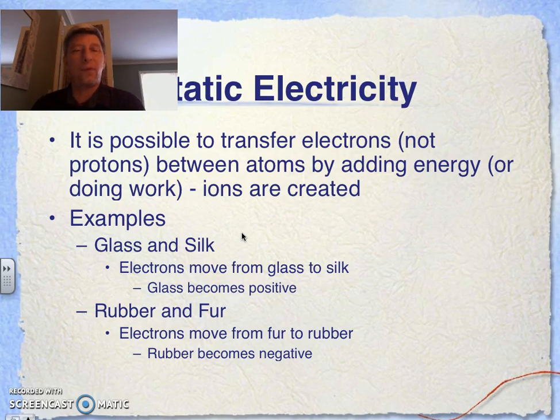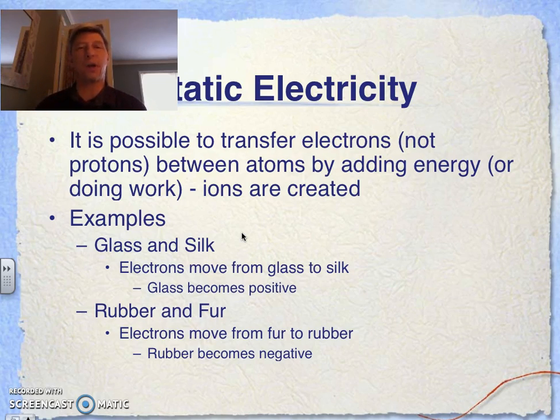But if you do work on an atom, you have the potential ability to remove electrons from that atom and create a positively charged ion. If you add electrons to an atom, you create a negatively charged ion. And you experience this all the time.